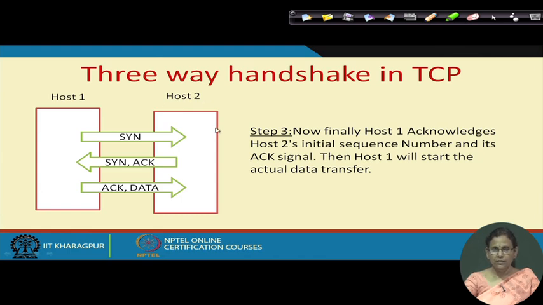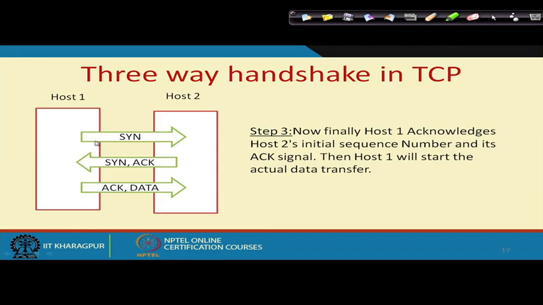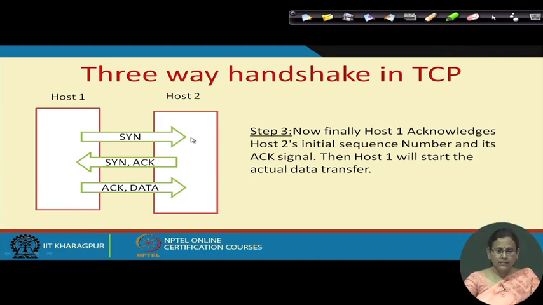By resources we mean the number of connections that it can handle in parallel at a time. So, if somebody at host 1 writes a program that simply performs these first two steps of TCP and not the third step, then all the connections available at host 2 will be exhausted and all the connections will be waiting for the data.